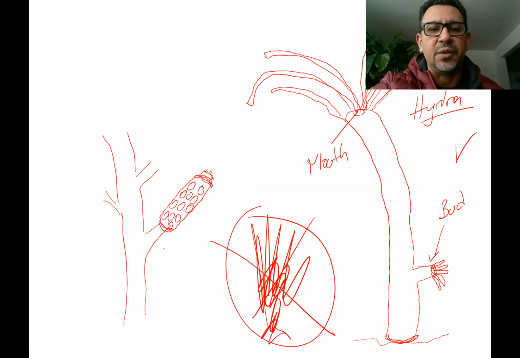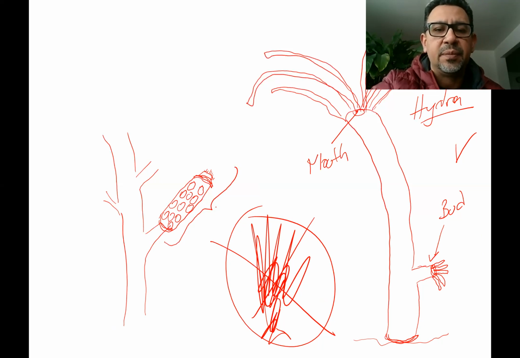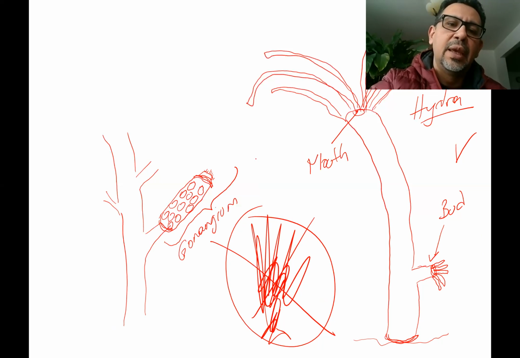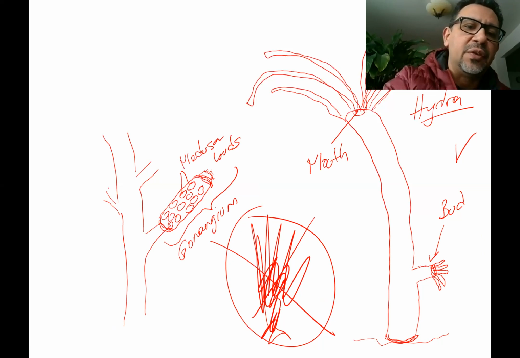And then I can label this. So this is going to be my gonangium. And these are little medusa buds. And maybe over here on this side, I'm going to draw something more like a hydranth, with the many, many tentacles these hydranths possess.